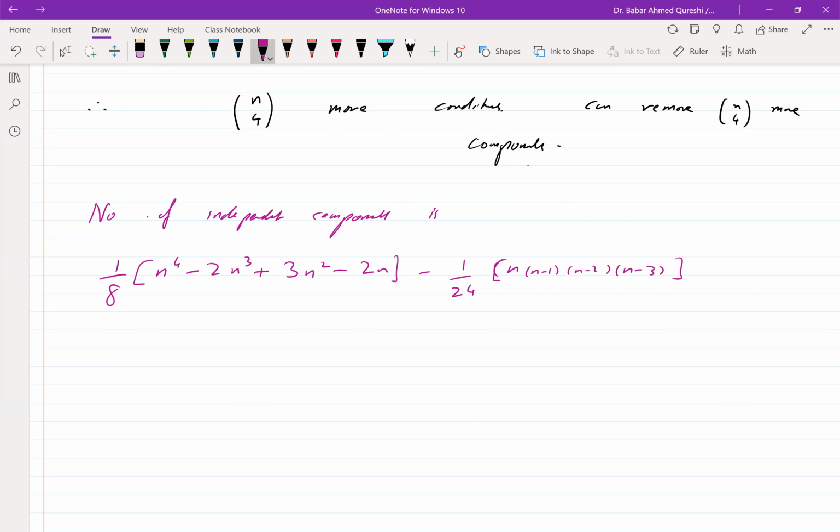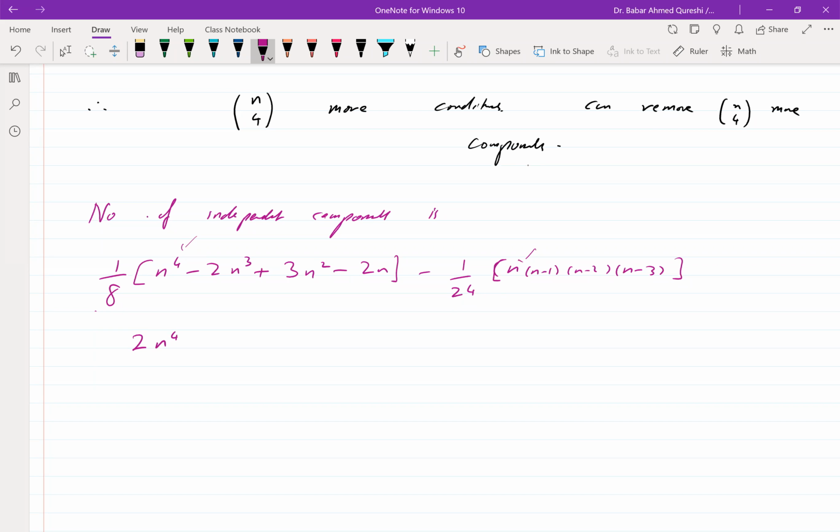So the first term has a 1 over 8 and here a 1 over 24. So when I subtract, there's an n to the 4 over here, but this will come with a 3 and 24, and I'm subtracting 1 and 24. So I will have 2 and 24.